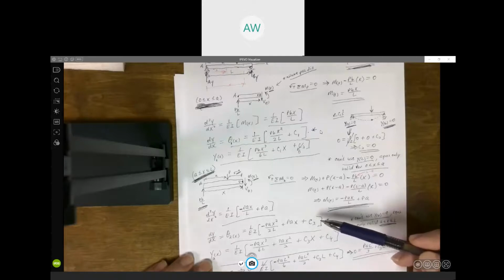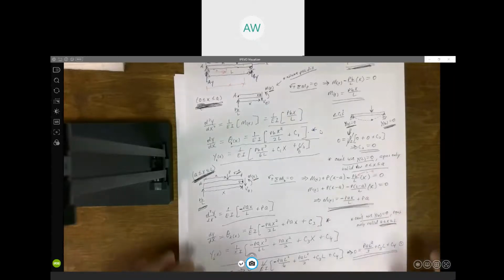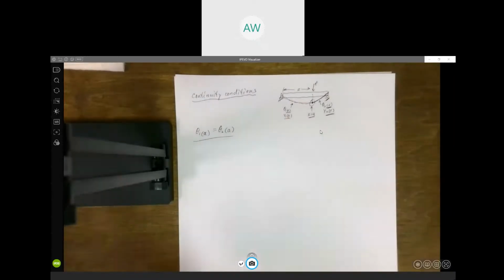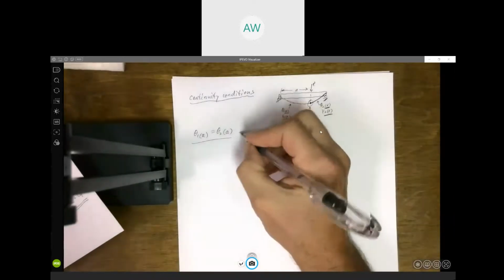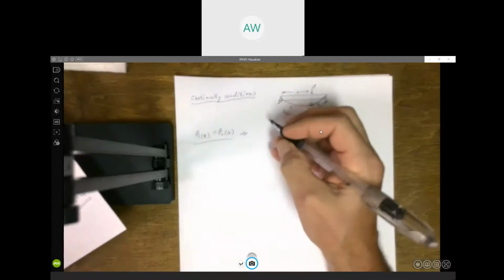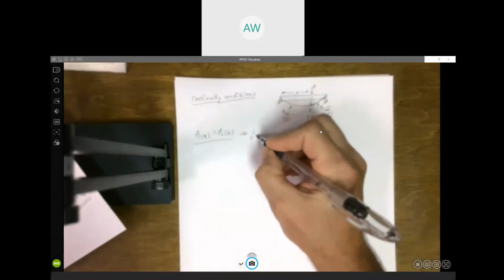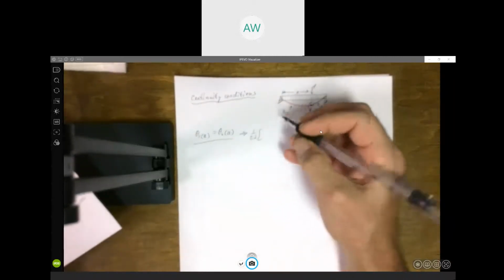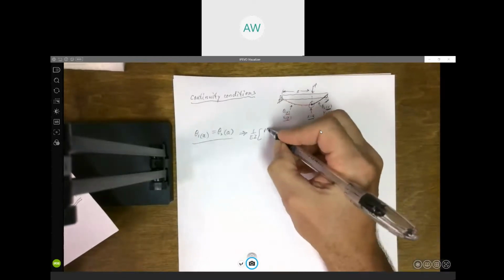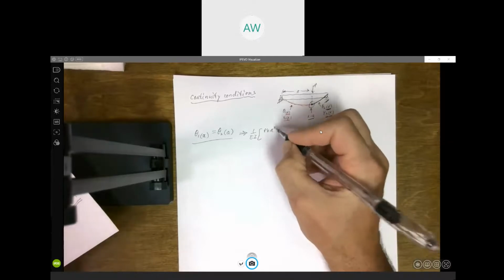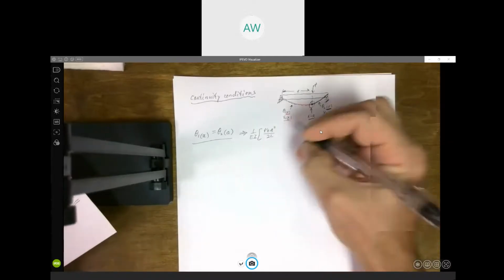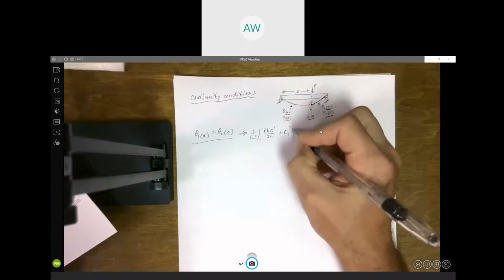Everybody with me as to what we're doing? So for theta 1, I've got 1 over EI, and I had PBx squared over 2L. I'm going to plug in a for x, so now I have PBa squared over 2L plus C1.